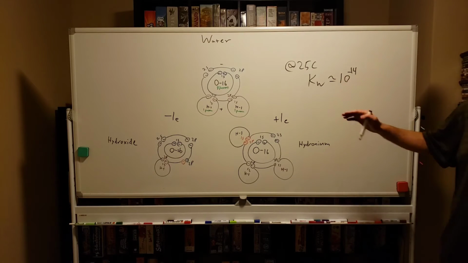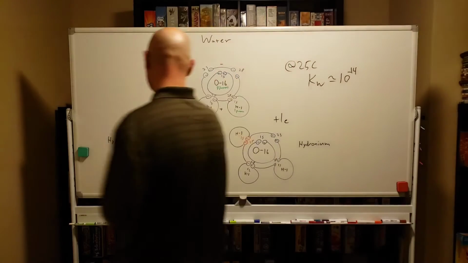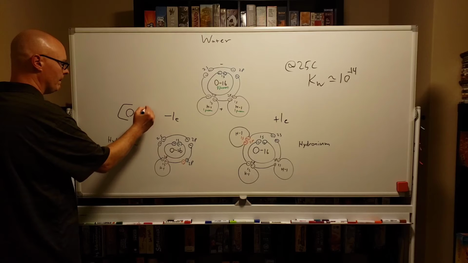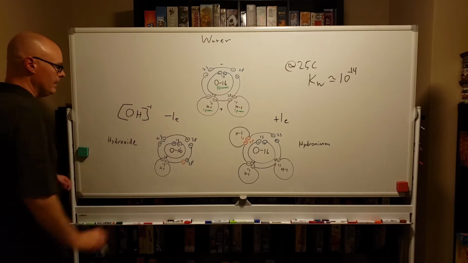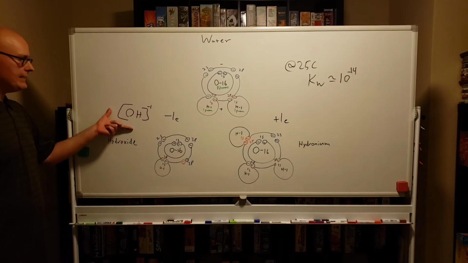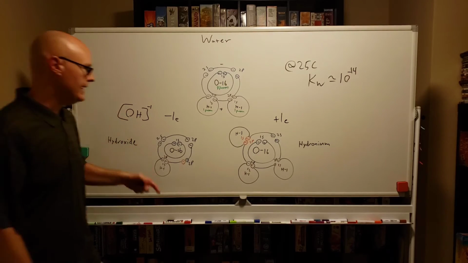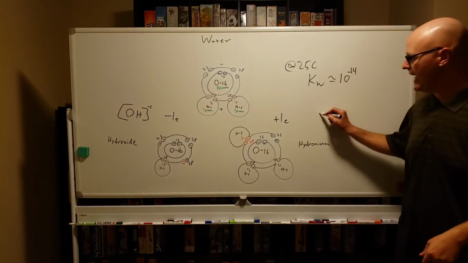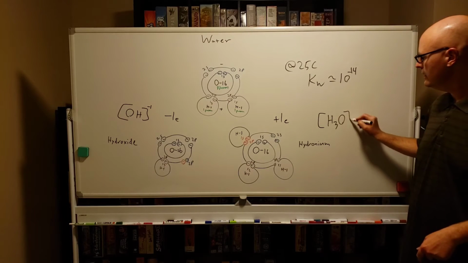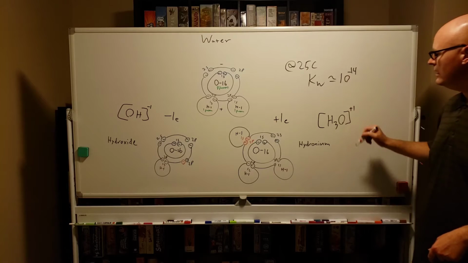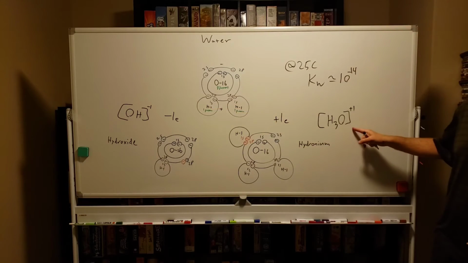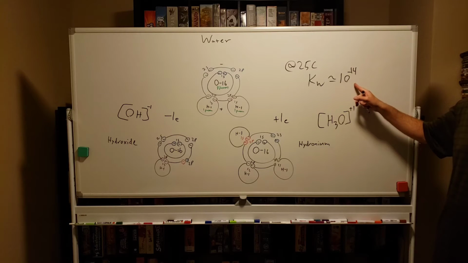What that means is if I multiply the concentration of hydroxide by the concentration of the hydronium, I will end up with 10 to the minus 14.